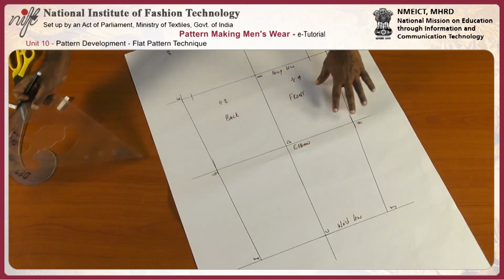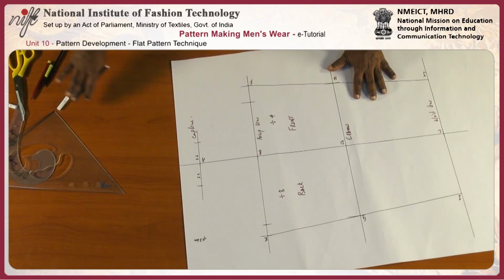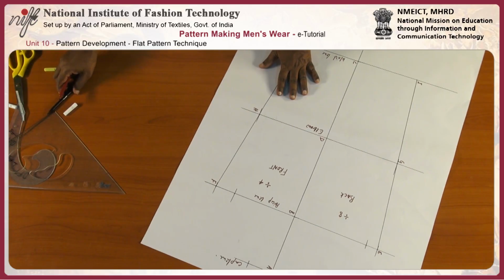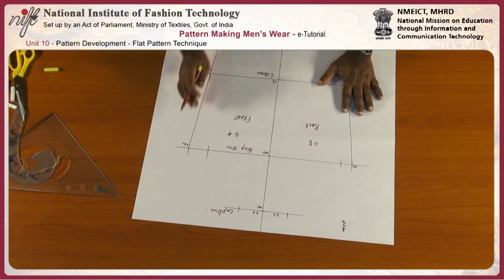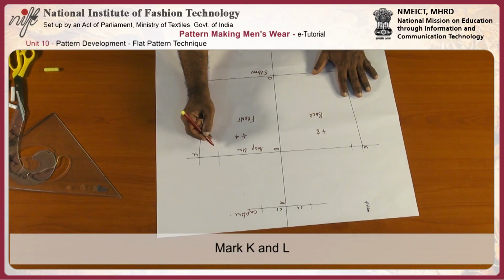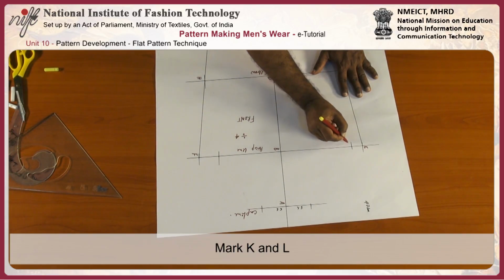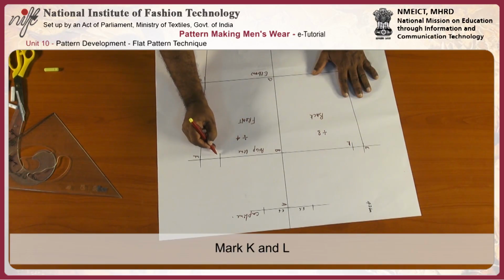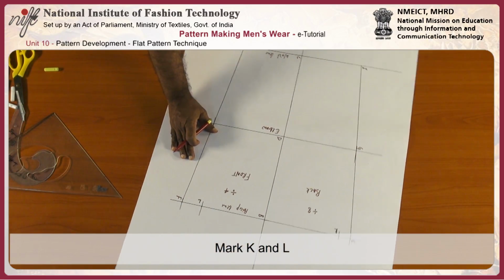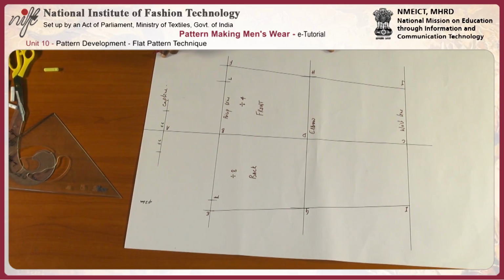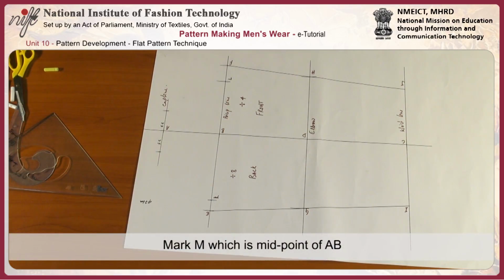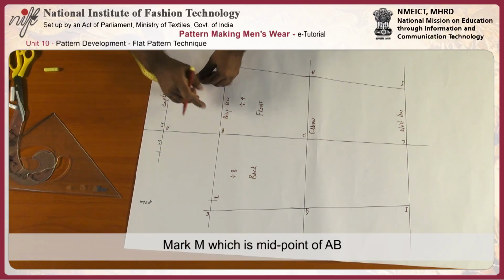Now these points can be named as point K and L. Now mark point M, which is the midpoint of AB.